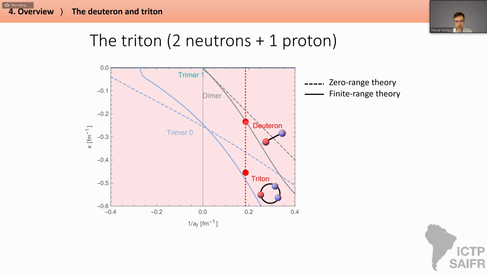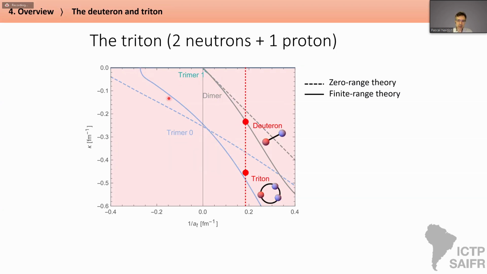But as you can see, these 2 points here are the experimental observations of the deuteron energy and the triton energy. And they do not quite match this zero-range theory. So it means that even though the scattering length is relatively large compared to the range of the interactions, we are still in a region where deviations from the universal theory are strong.